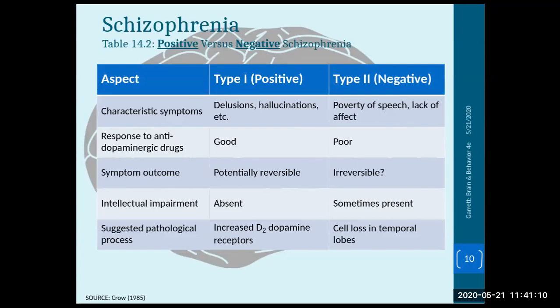Do we see any intellectual impairments in type 1? No, we don't. In type 2, we do see sometimes intellectual impairments. Of course, in the cognitive problems, you definitely see those intellectual impairments, and that's glutamate. That's a third neurotransmitter system that is affected here.